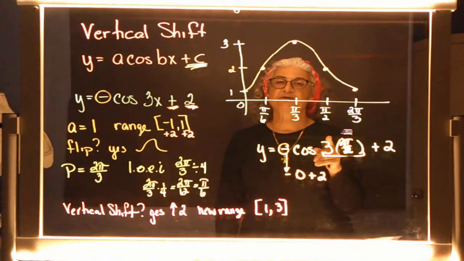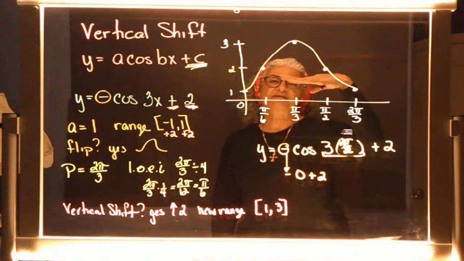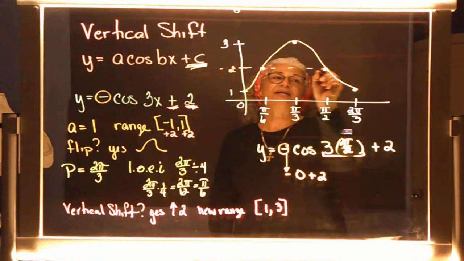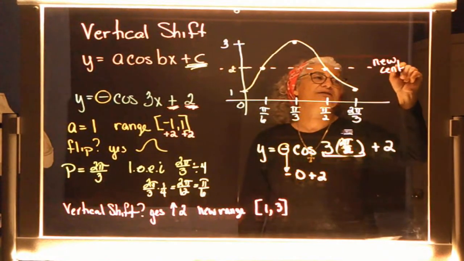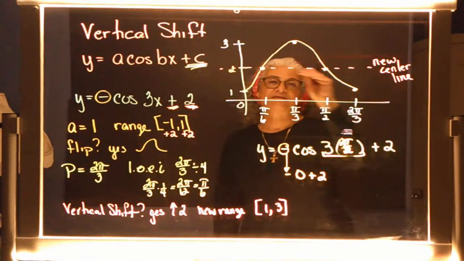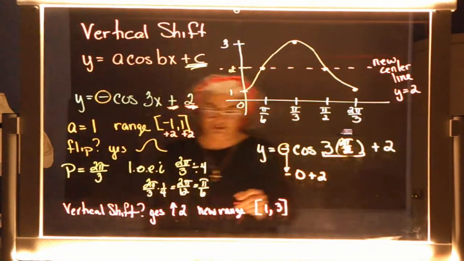Well, here's the deal. If this plus 2 shifted my y's, which shifted the range, it also shifted the x-axis. Right here is what I call the new center line. And the new center line is, since this is horizontal, y equals 2.